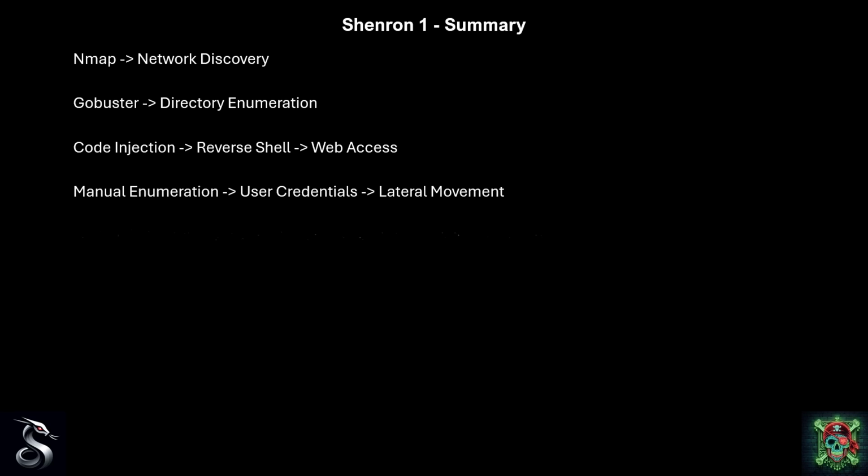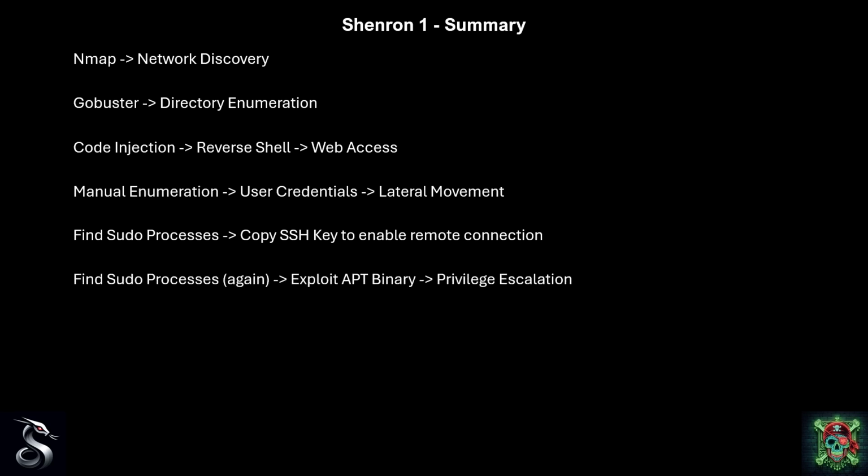We searched for processes that could be run by that user with elevated permissions, and exploited those permissions to copy our generated SSH key into the SSH directory of a different user. This allowed us to connect via SSH as that user and access previously inaccessible files. From there, we once again searched for processes that could be run with elevated privileges, and exploited the APT binary to give ourselves a root shell.